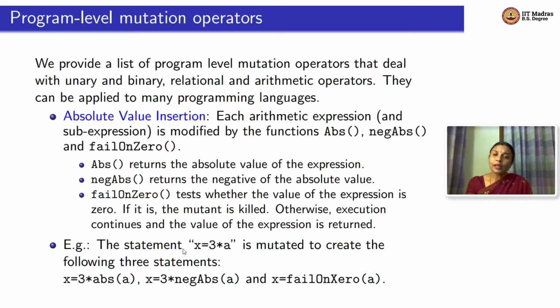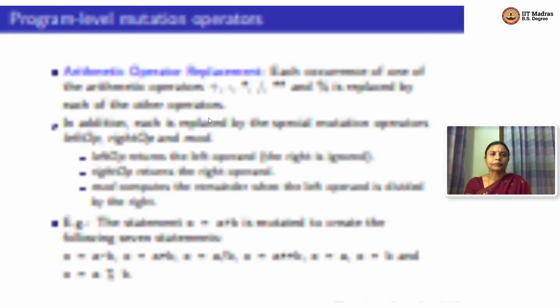So as an example, suppose we had a statement like x is equal to 3 into a. You can mutate it to create something like x is equal to 3 into absolute value of a, x is 3 into negation of absolute value of a, x is fail on 0 of a, and so on. So this absolute value insertion is one small set of mutation operators that are available.